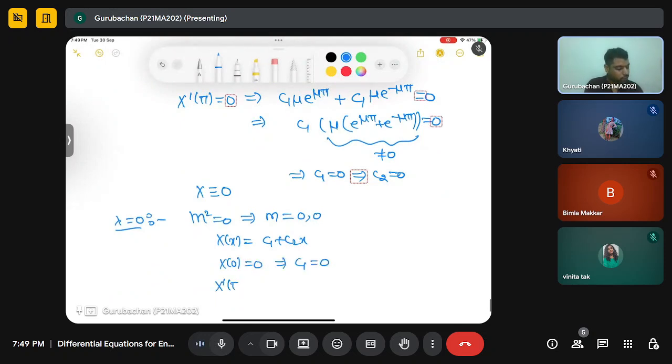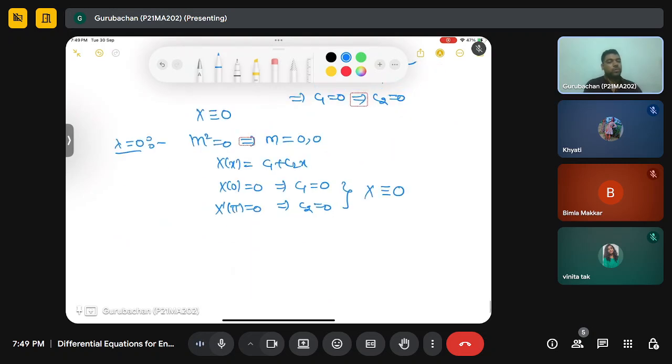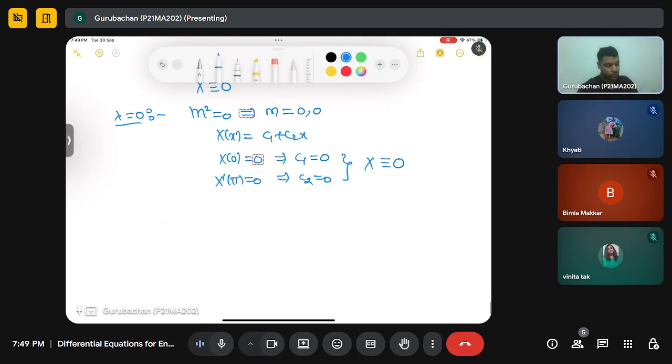X dash of pi is 0 implies c2 is 0. From here again X is 0. So neither lambda equal to 0 nor lambda greater than 0 contributes as an eigenvalue and eigenfunction. Now we are left with lambda less than 0.